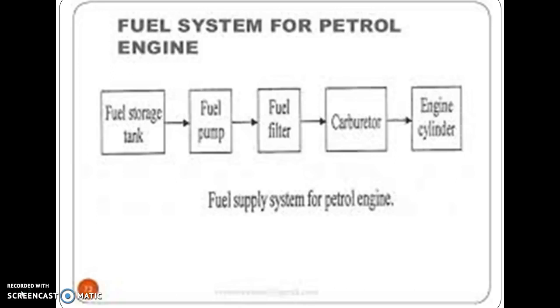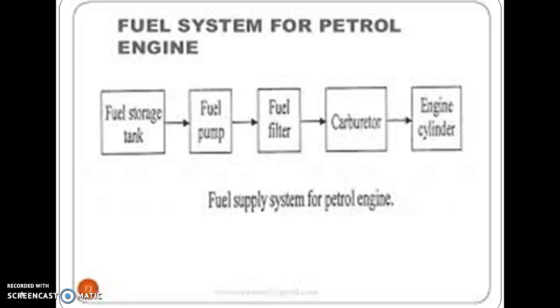In the case of the diesel engine, we have seen in the previous lecture that it works on compression ignition, and the petrol engine is otherwise called the spark ignition engine. In petrol engines, the ignition is assisted with the help of a spark plug, so there is no need of a compression process.